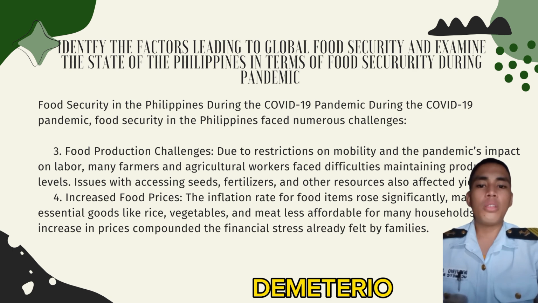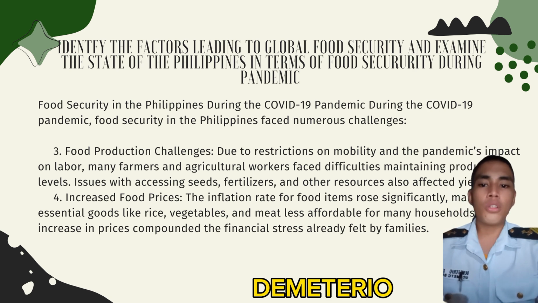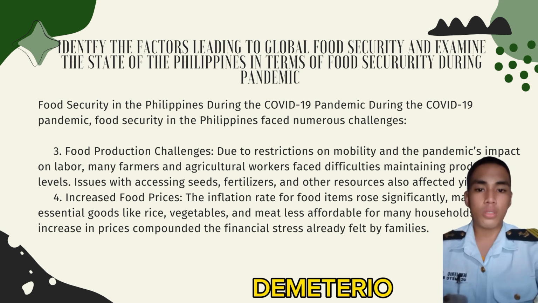The pandemic limited the availability of farm labor, particularly migrant workers, impacting agricultural production, especially in labor-intensive crops. Extreme weather events, exacerbated by climate change, further disrupted agricultural production, leading to crop losses and reduced yields.